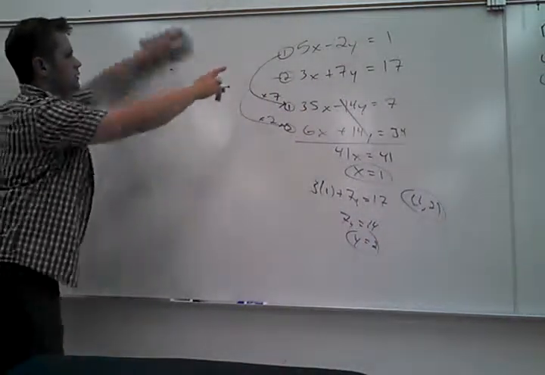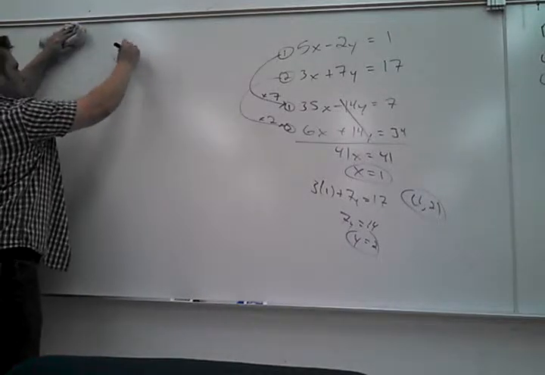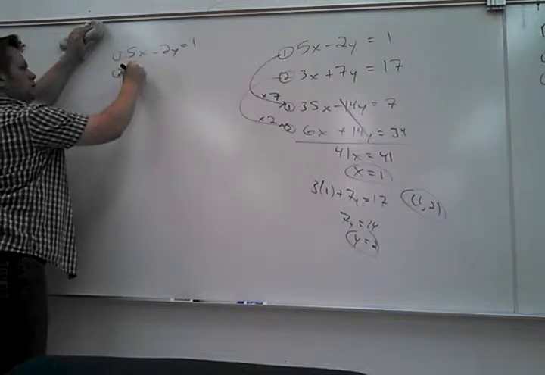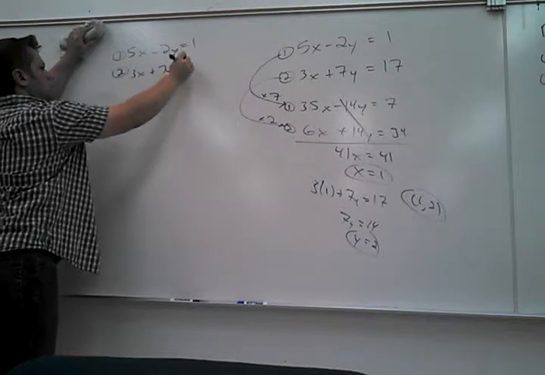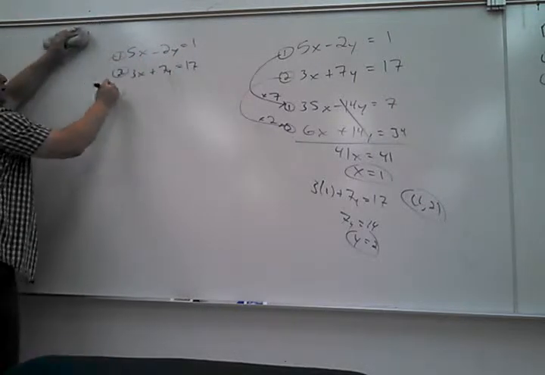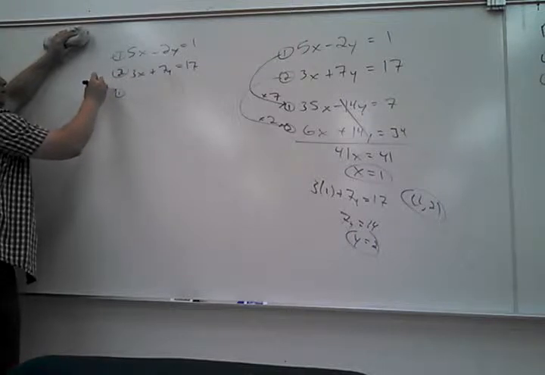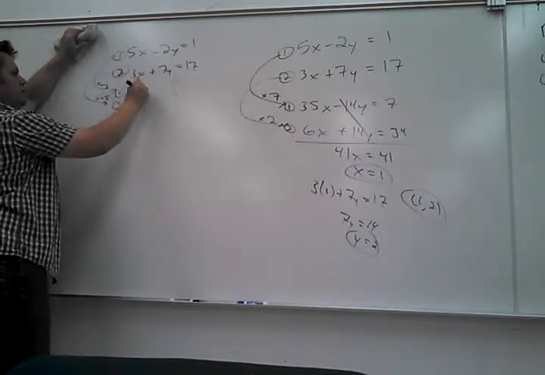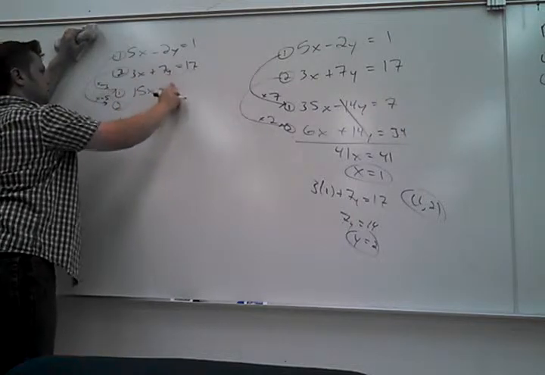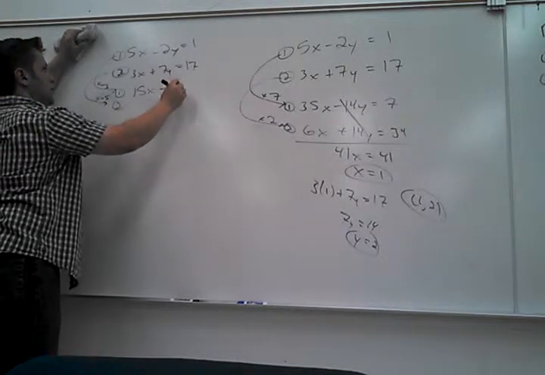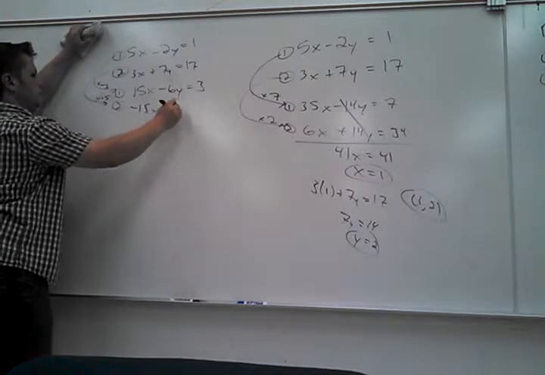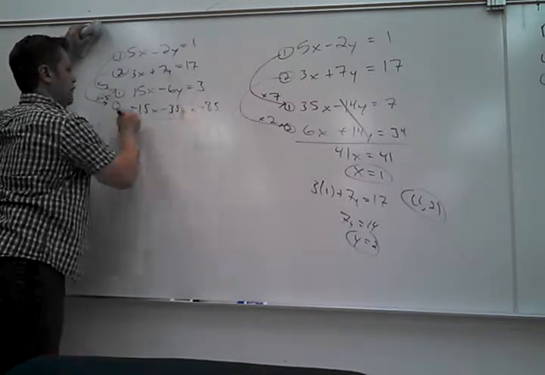So what you guys did instead was you multiplied in a way that would kill the x's, right? If you multiply this one by 3 and this one by negative 5, you'll have 15x plus 6y equals 3, and then negative 15x minus 35y equals negative 85.